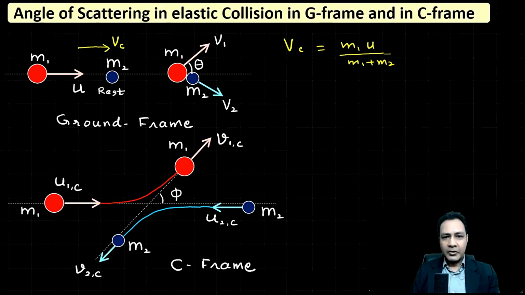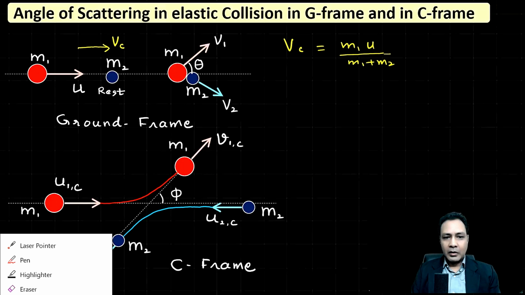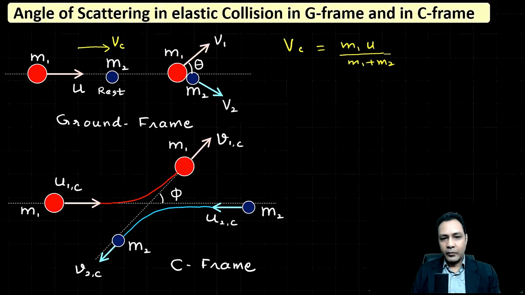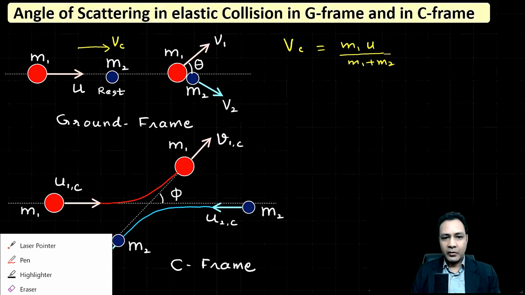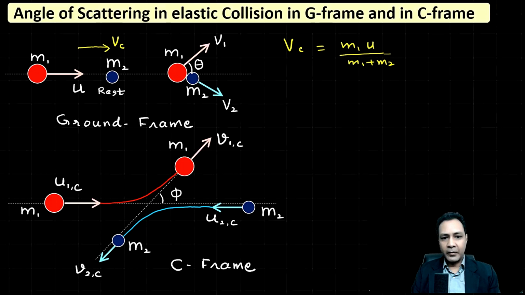Even before collision, the initial velocity of m1 in the C frame is u1c. There is a direct formula for that, but we can find it immediately from the relative motion result. u1c is u1 minus uc, and uc is vc because the velocity of the center of mass is the same.